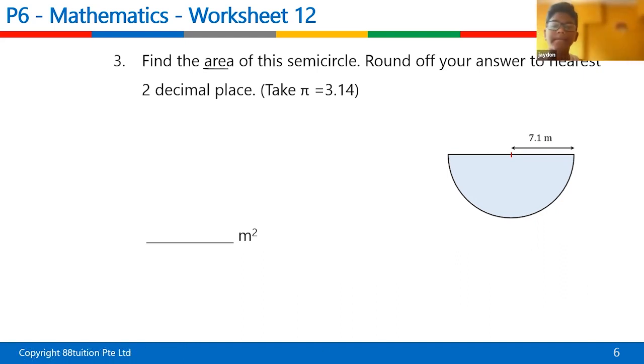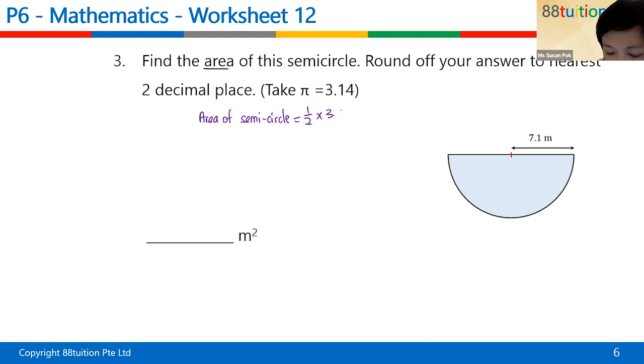So how to find this area? Area is half times 3.14 times 2 times 7.1. Okay, wait, let me finish. Area of semicircle, half times 3.14. Give me the answer. Can I write 7.1 like that?